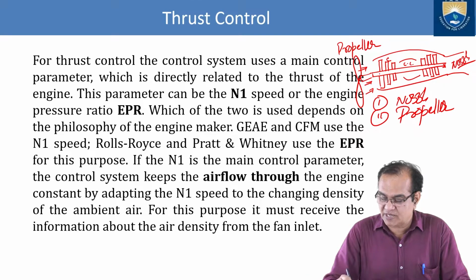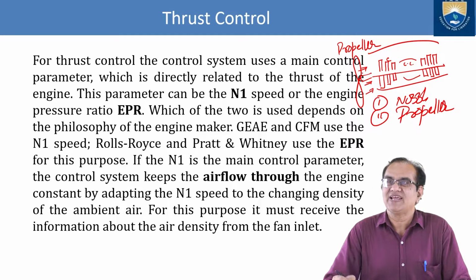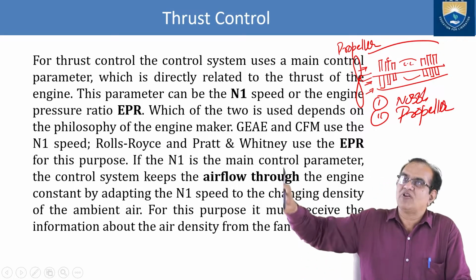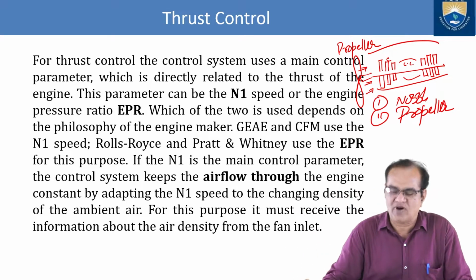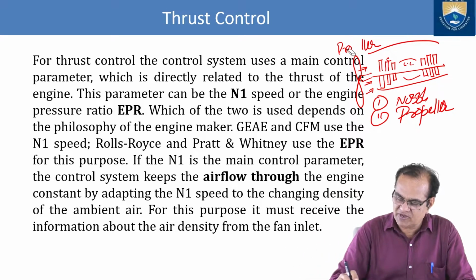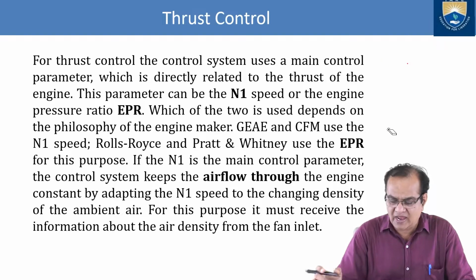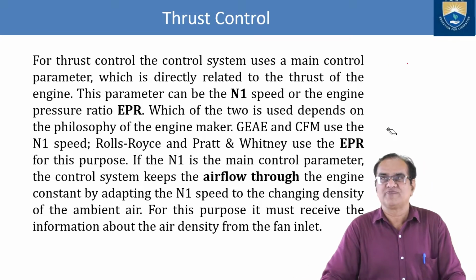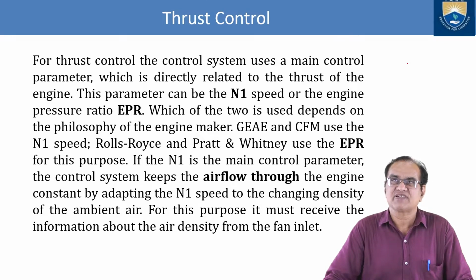If it is a turboprop engine, this nozzle is cut off here, and only the propeller will suck the air and push the air behind, and the aircraft will go forward. This is how the thrust is produced. But now we have to see how the thrust is controlled.